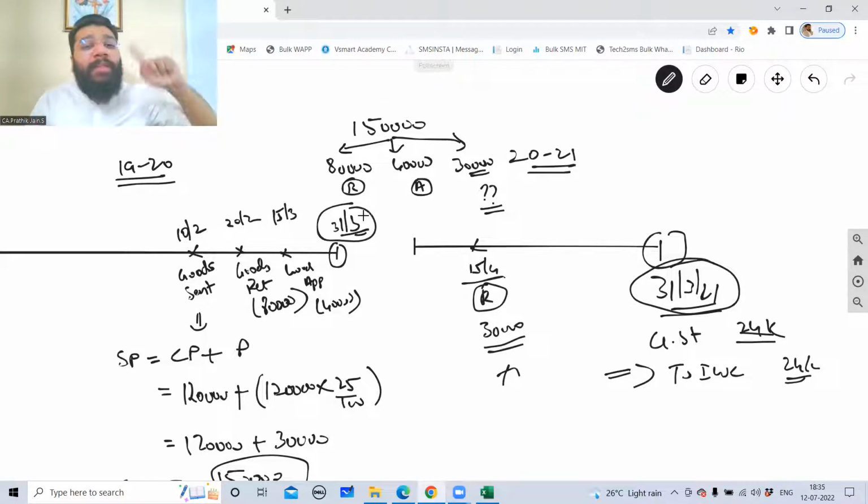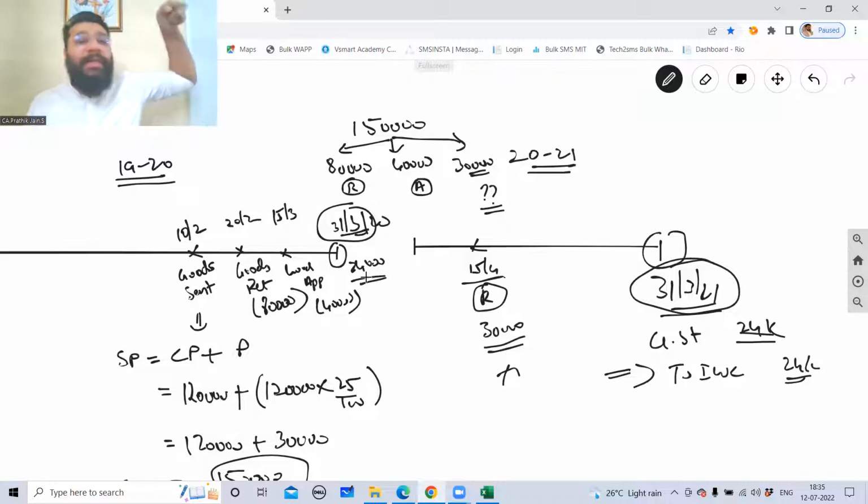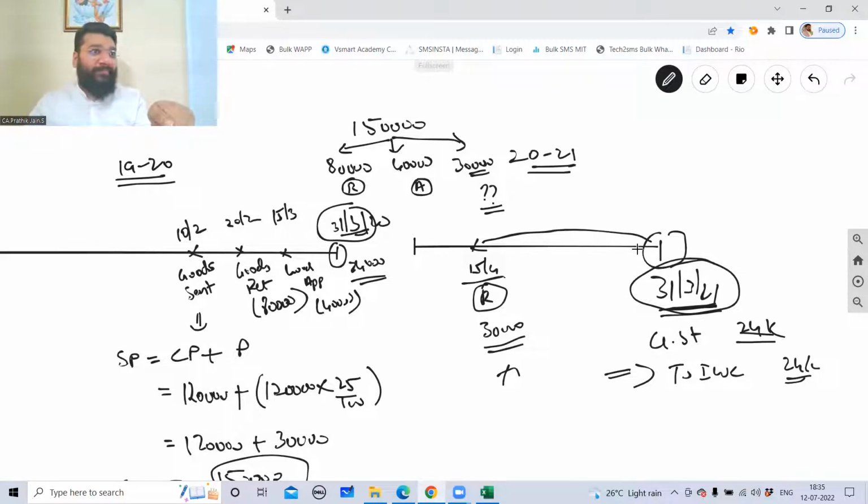On 31st of March previous year 2020, that 24,000 was my inventory with customer. But on 31st March 21, this is inventory with me. Let's assume that the inventory is not sold. Only then will this entry come. Or to be more precise, I will not wait till 31st of March 21.